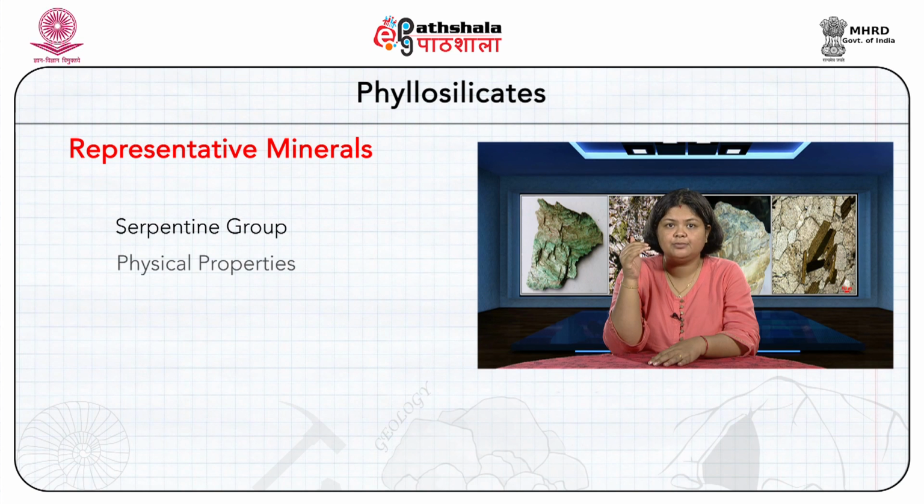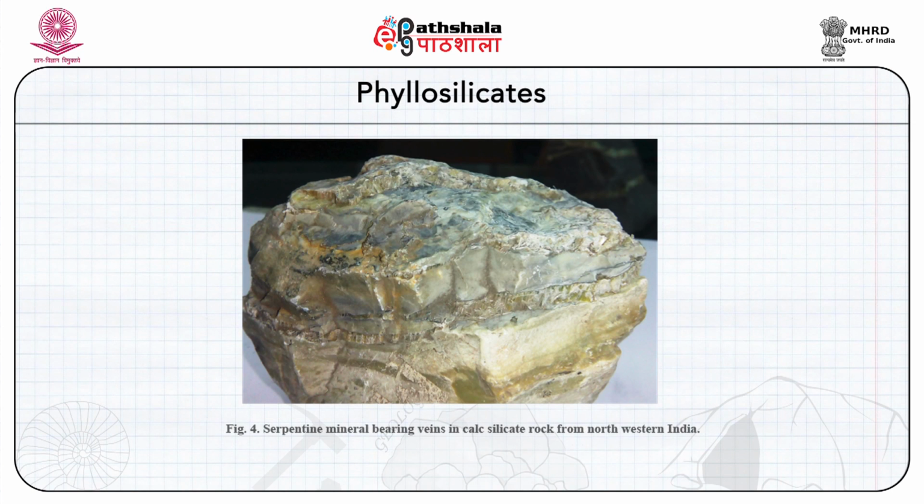As for the physical properties of serpentine group of minerals, they usually occur in shades of green, yellowish green, white or gray. Generally gives a white streak, are silky, greasy or waxy in luster, shows perfect cleavage on 001 phase.